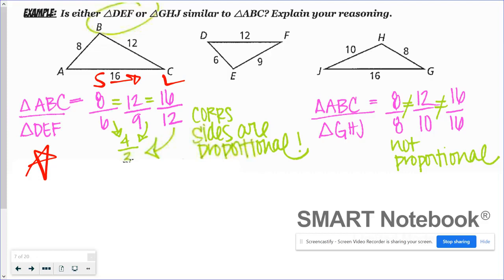I did the same thing over here with ABC and GHJ, and I determined that those three ratios did not equal each other. All three of them have to reduce down to the same ratio, and they didn't. So ABC and DEF are similar by side.